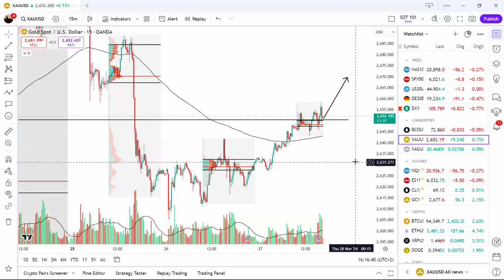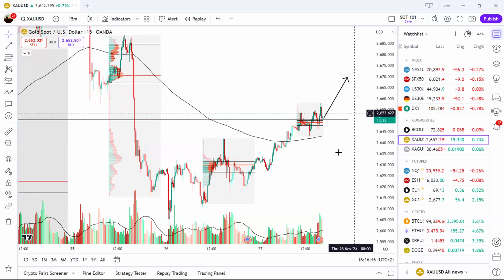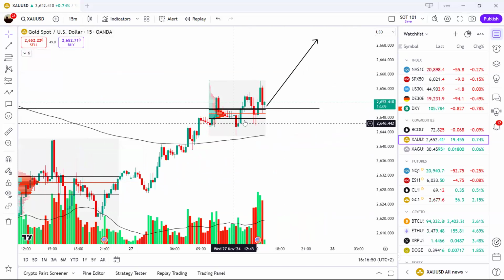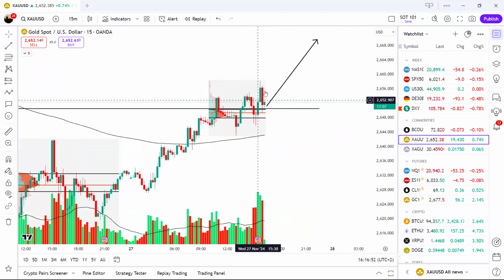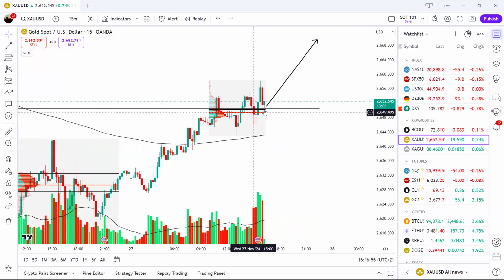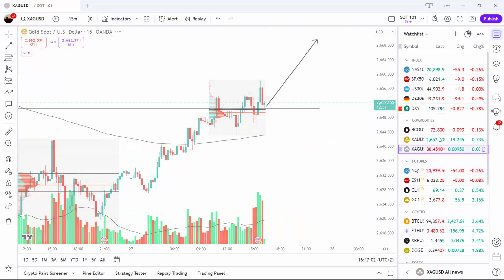That could be really interesting. I would love to see the push to the upside. We are looking really strong, brilliant. Nice close, and a beautiful reaction out of the point of control for today's current volume profile session. So we'd love to see that.